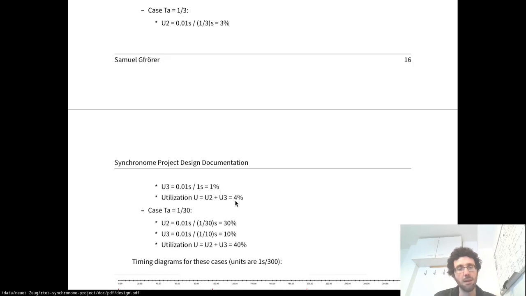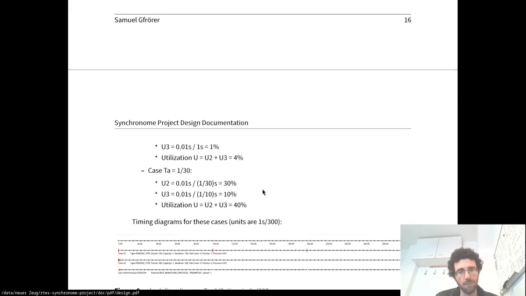That's 4% total utilization, and we can see that the total utilization is below the least upper bound given by Liu and Layland, and this shows that in the standard scenario, scheduling of service 2 and 3 is feasible, even though both services are running on the same core.